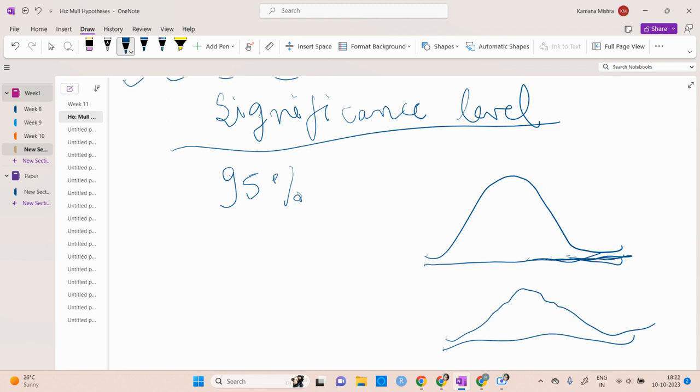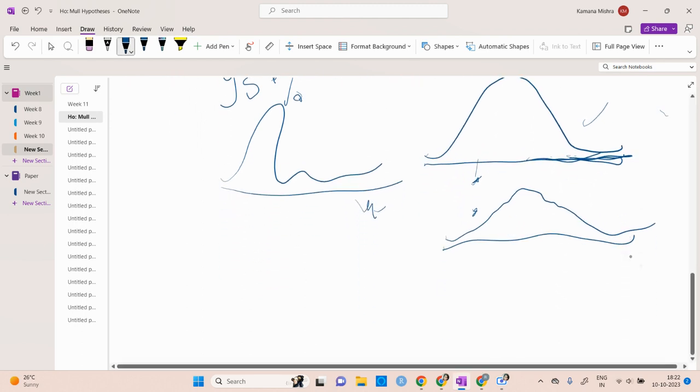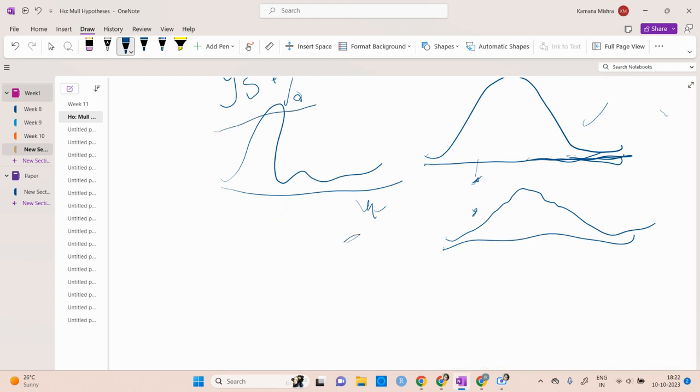It is not possible that it will have an exact normal distribution, but it should not be very different. So this and this can be similar, but this is very different. That's where we say 95% significance means we allow 5% of error. That is what it means.